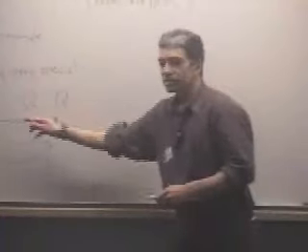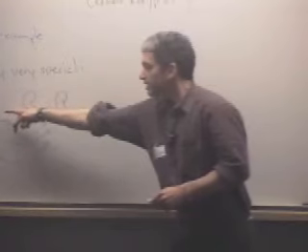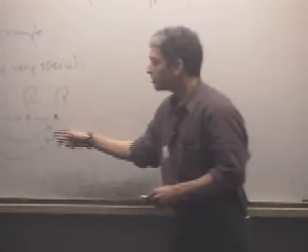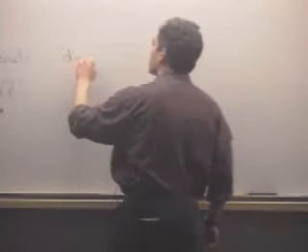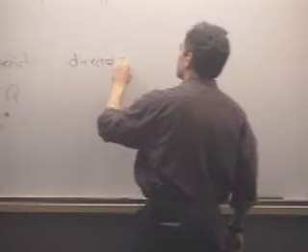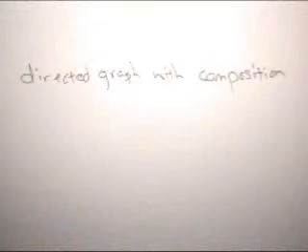You can have multiple edges between vertices in this graph. And you'll always have exactly one self-loop from every vertex to itself. So it's a directed graph with a composition law.